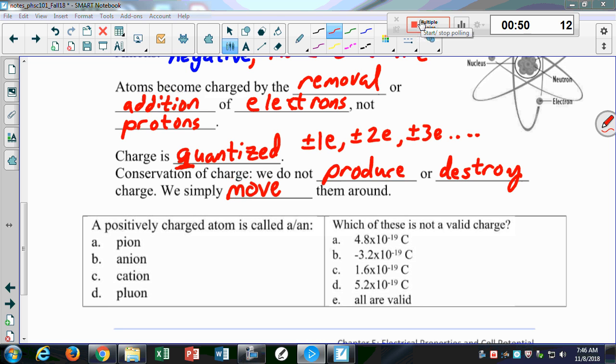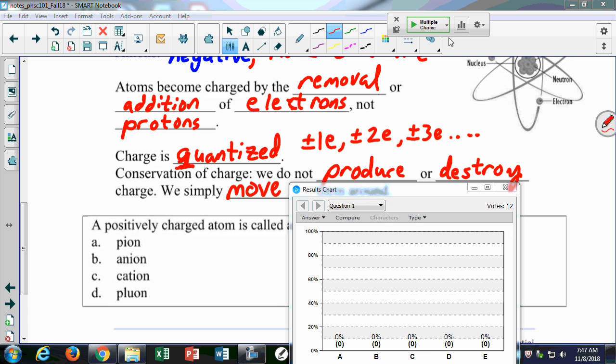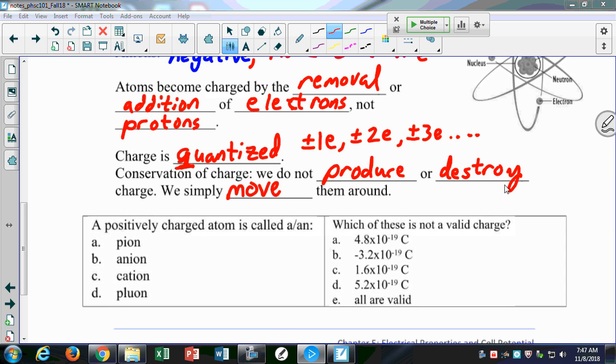Check to make sure that you're on your AA frequency. Okay, good. C is right. It is a cation. Are the other two really a thing? Right, yeah, they're like nuclear particles. And the gluon, yeah, they're both things.